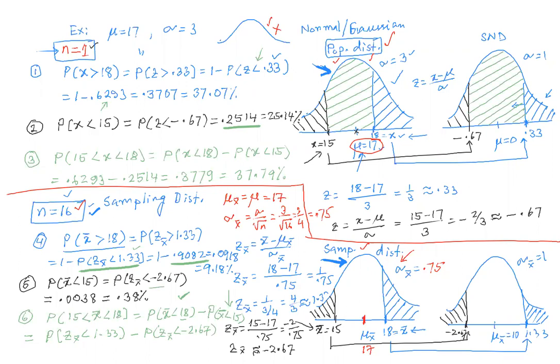If I plug in the numbers, this will give me 0.9082, this first one, minus the second one, 0.0038.